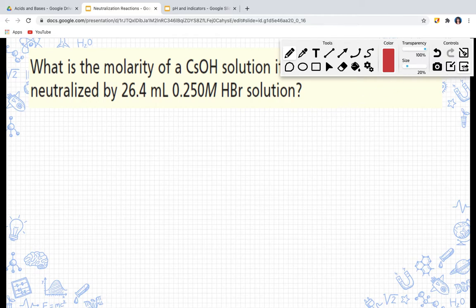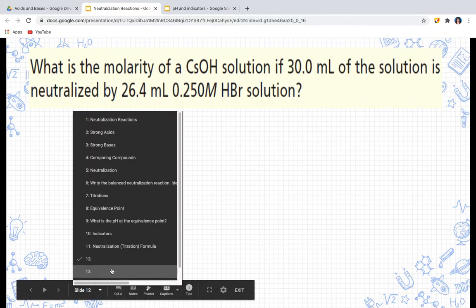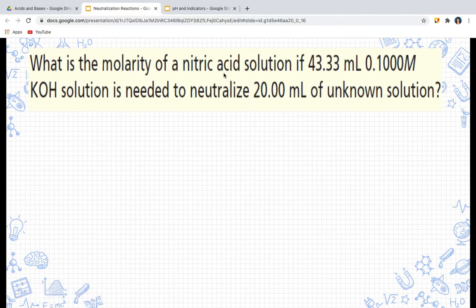Let's move on to the next example. What is the molarity of a nitric acid solution if 43.33 milliliters of a 0.100 molar KOH solution is needed to neutralize 20 milliliters of this unknown nitric acid solution?